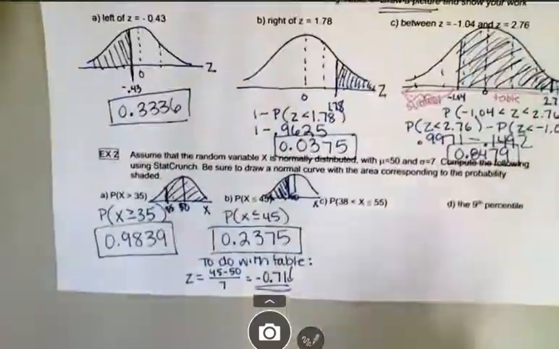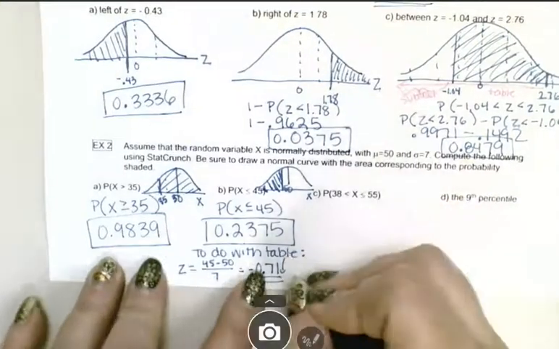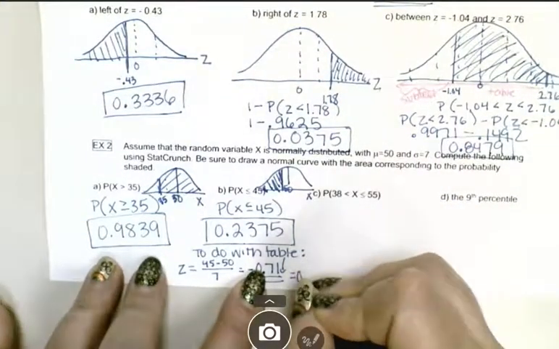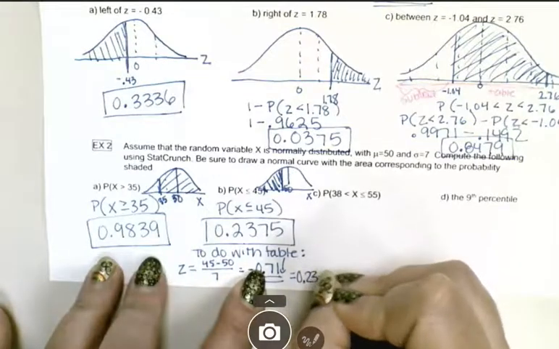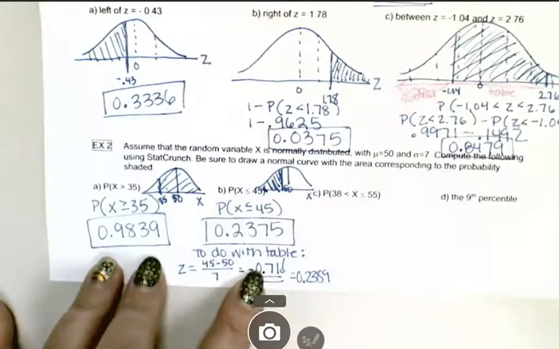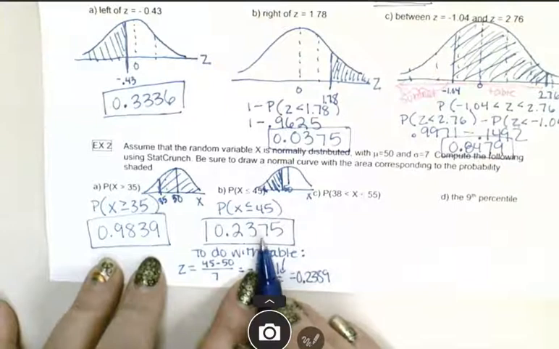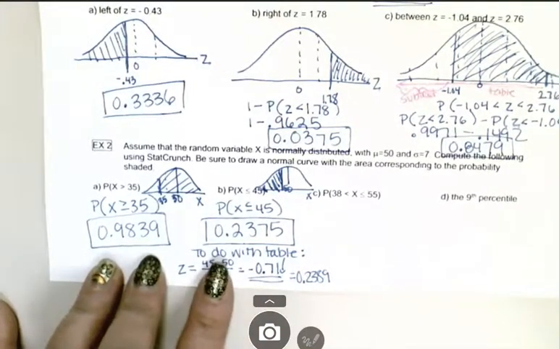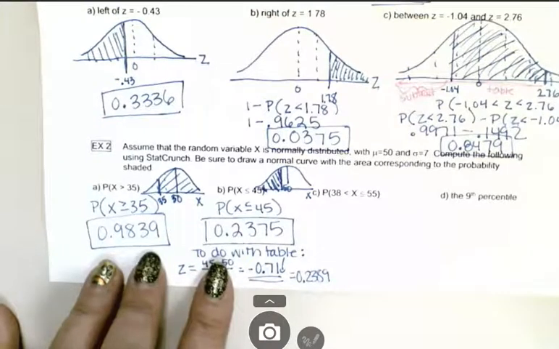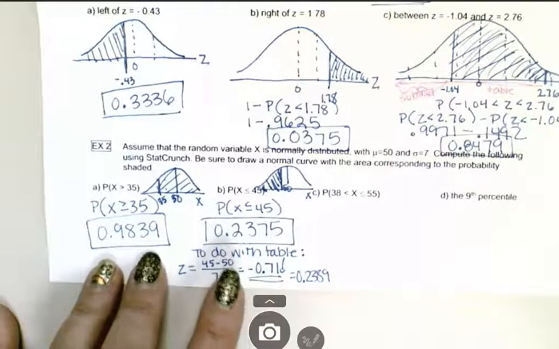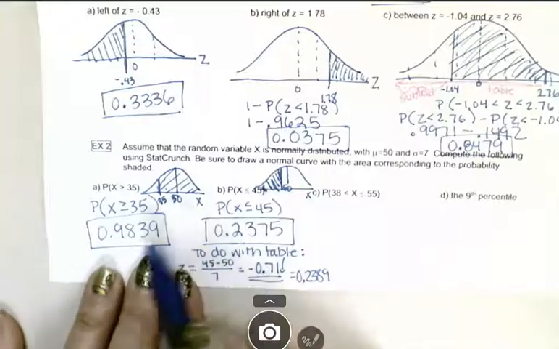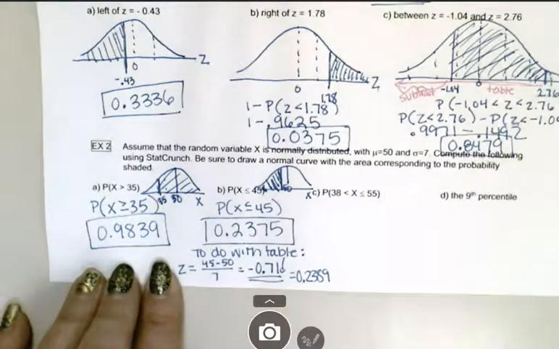So notice that 0.2389 is not the same as what StatCrunch gave us. So I want you to keep that in mind, that if you're doing any of the odd numbered problems and checking the answers in the appendix, any odd questions, you might have a little bit off, and it's because of the rounding.